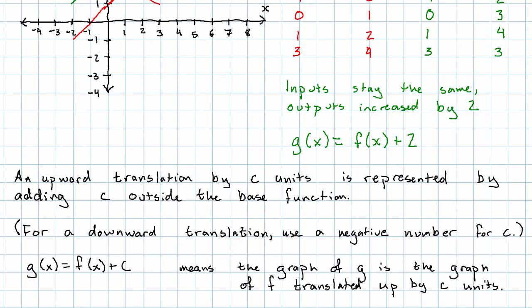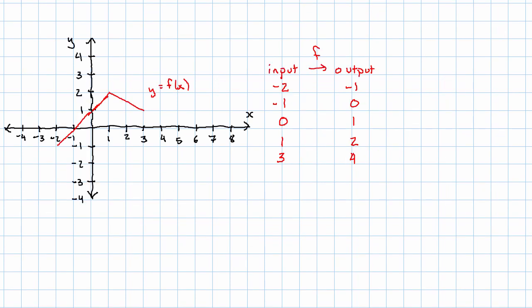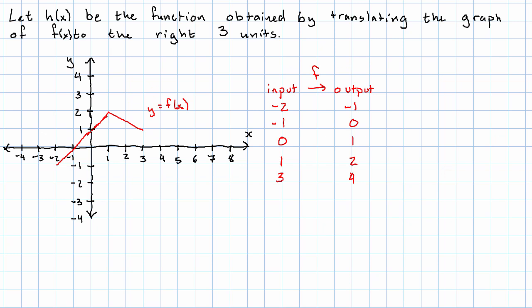What about horizontal? I'm going to start again with my graph of f. We're going to let h of x be the function we obtain by translating the graph of f to the right by 3 units. So every point on my graph, I'm just going to move 3 units to the right.